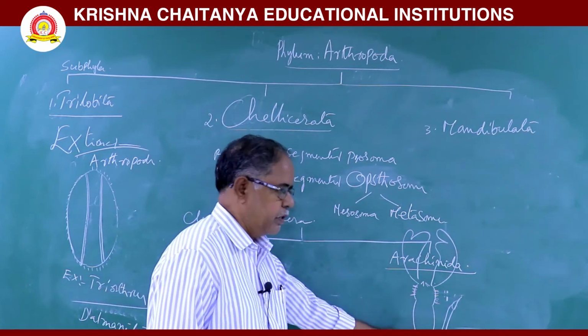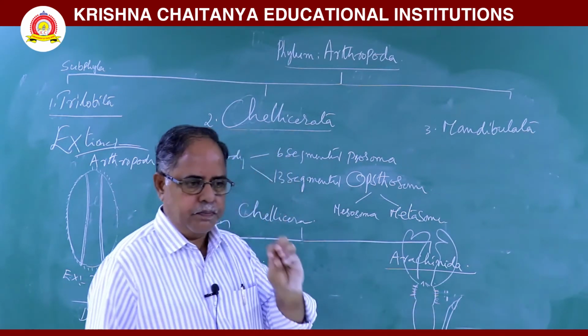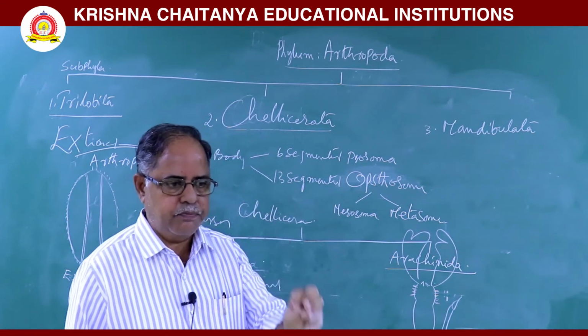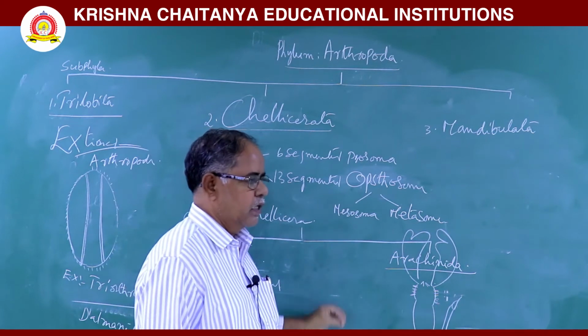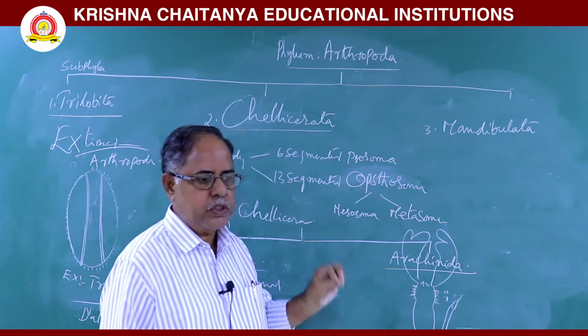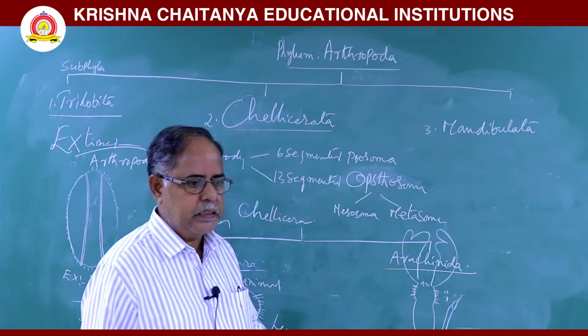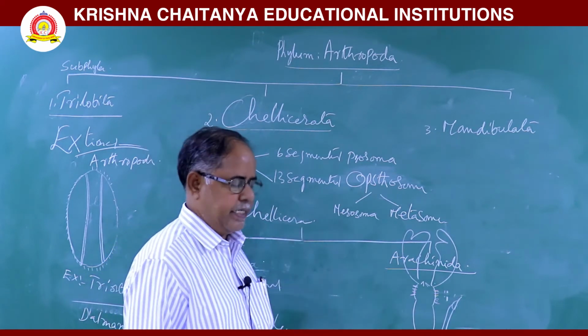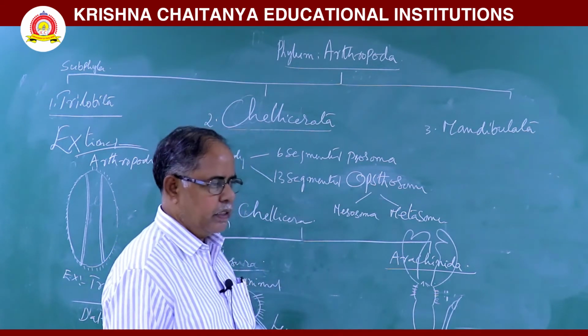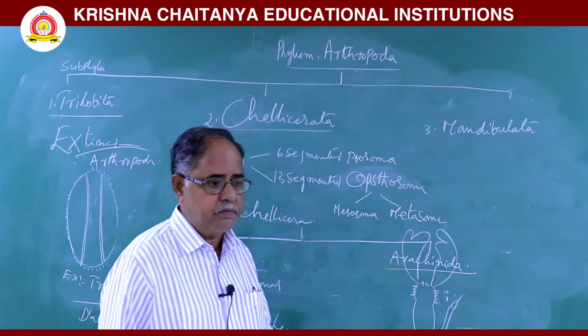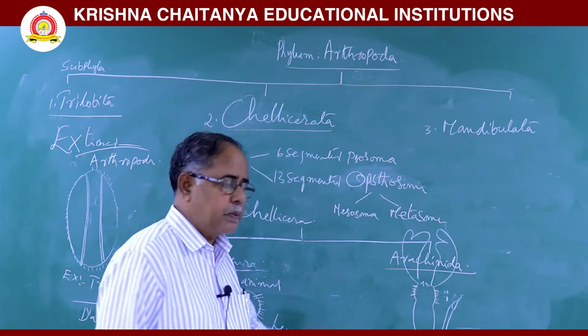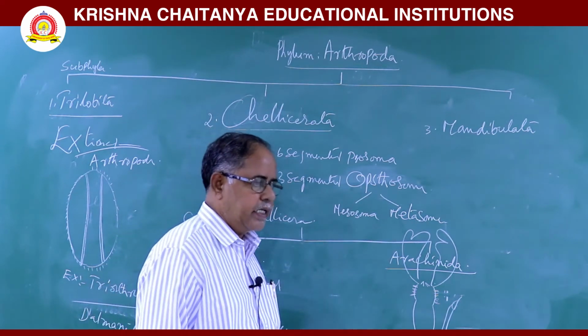In the mesosoma, the appendages are modified as book lungs, but in spiders, 4 pairs of posterior abdominal appendages are modified as spinnerets. The respiratory organ in some is book lungs, for example in scorpion. In some spiders, the respiratory organs are trachea.